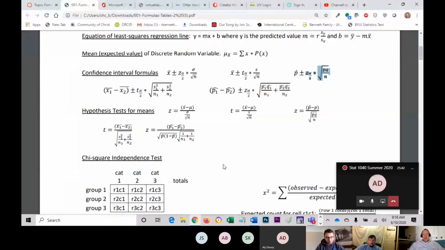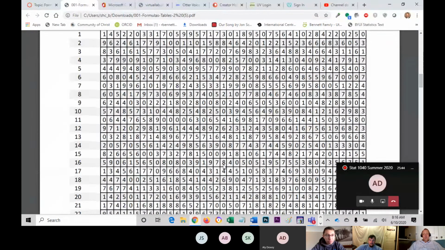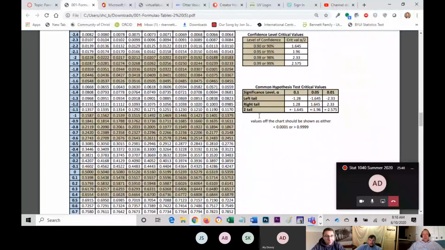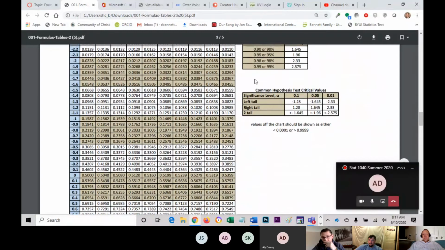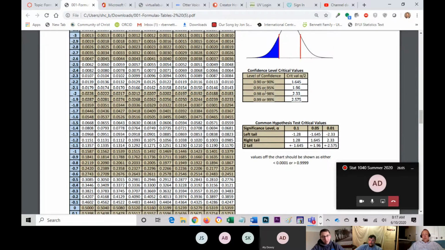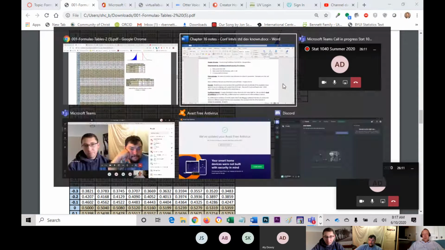If I go back onto my formula sheet, this is something we haven't talked about too much, but this table on the right side shows the four most common confidence intervals that you can have. So if you have a 90% confidence interval, let me back up a second.